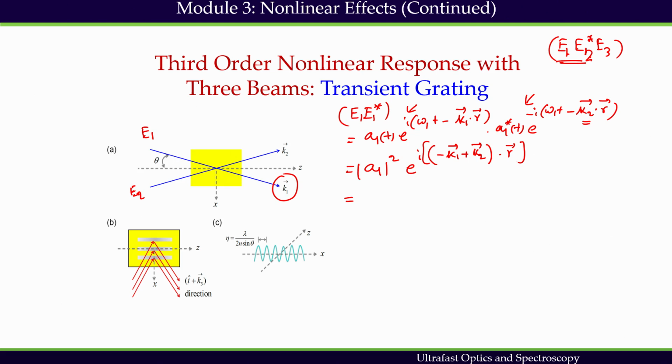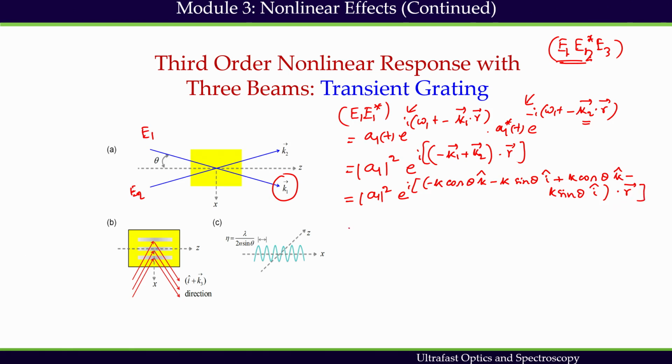That decomposed expression, if we write it down here, is going to be the modulus of A1 squared e to the power i, minus k cos theta k-hat, where k-hat is the unit vector along the z direction, minus k sine theta i-hat, the unit vector along the x axis, plus k cos theta k-hat, minus k sine theta i-hat, dot r.